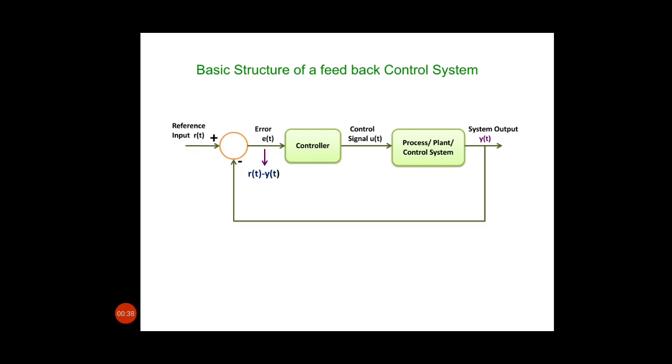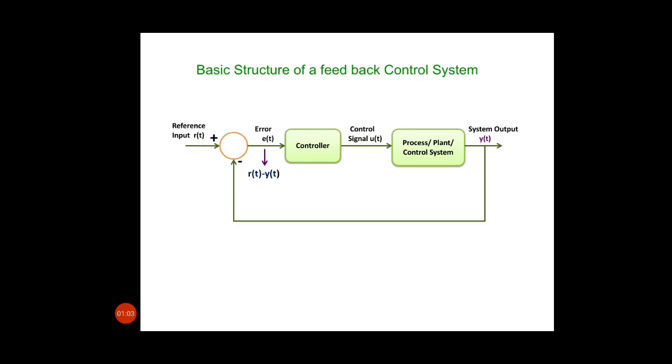We measure this output and then feed it back and compare the value of output with that of the reference input, and we get an error e of t. Error is basically the difference between the desired value of the output and the actual output that we are obtaining each and every instant of time.